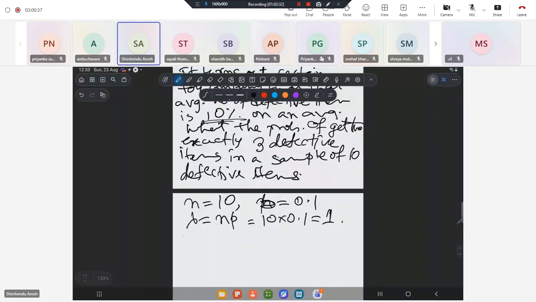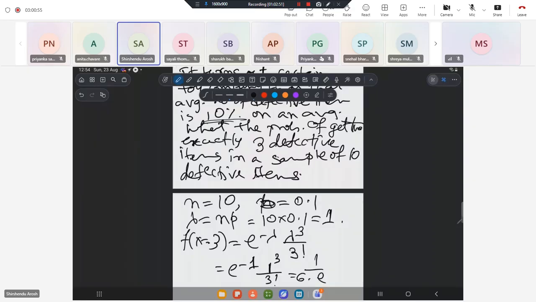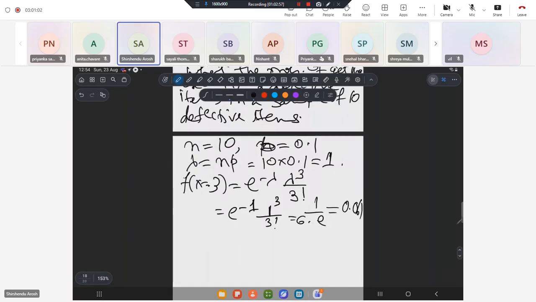So f(3) can be written as e to the power minus lambda, lambda to the power 3, over 3 factorial, that is e to the minus 1, 1 to the power 3 by 3 factorial, so 1 by 6 into e, that is 0.061.